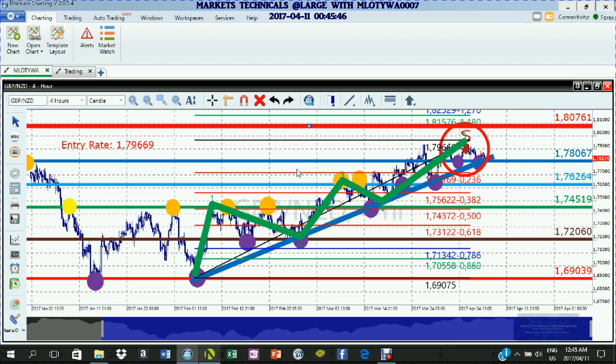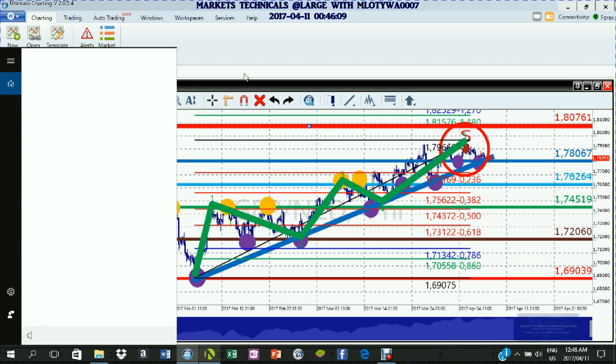Okay, now we'll calculate how many pips are going to be lost at this point. We say this one, subtract this one, and we get to see that. Okay, let's go to our calculator. Here is our calculator.